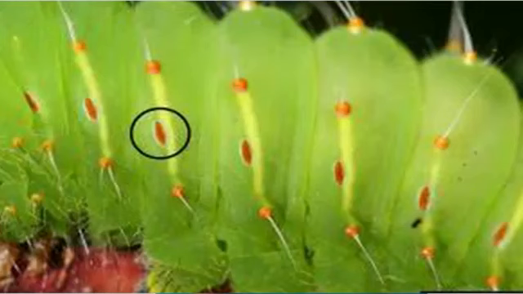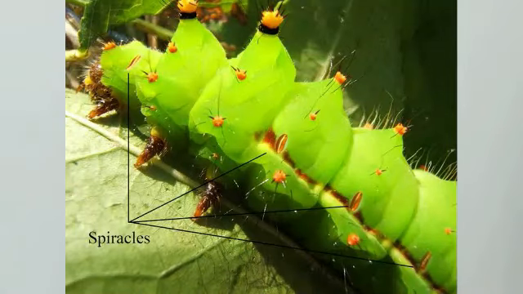These insects have a special organ for breathing. In their body there are small tiny holes, which we call spiracles. Using the spiracles they can breathe. So insects use spiracles for breathing.